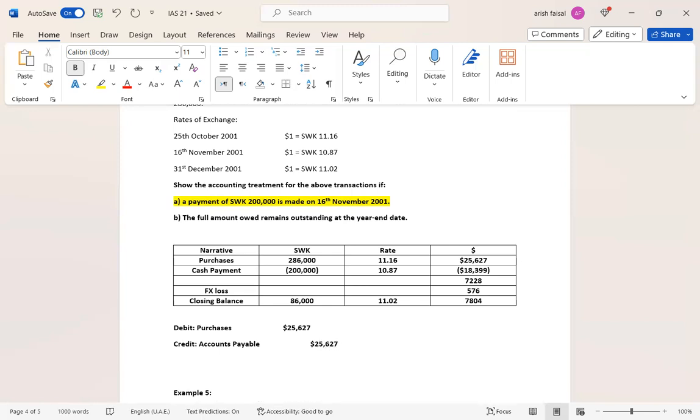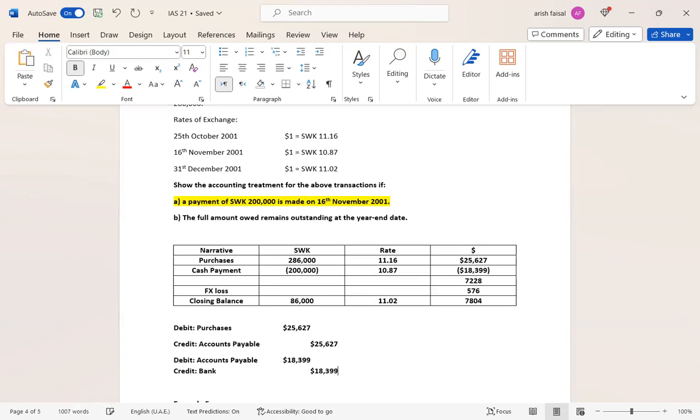That's the initial entry when you purchase the goods. Then when you make the payment, you will say debit accounts payable with the amount of 18,399, because that's the rate when you made the payment, and credit would be bank with the amount of 18,399.